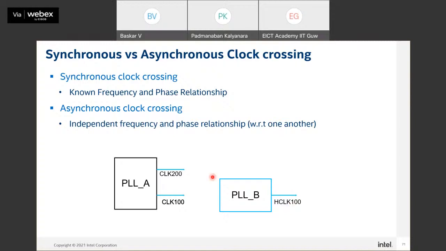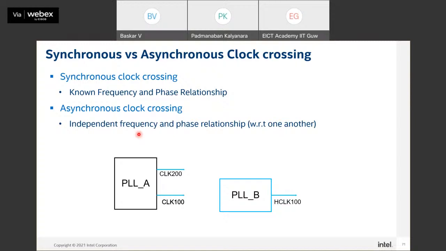So we are seeing a 200 megahertz clock and a 100 megahertz clock coming from PLLA, and another 100 megahertz clock coming from PLLB. Though the frequency of these two is the same, we cannot call them synchronous, because they are originating from two different PLL sources.